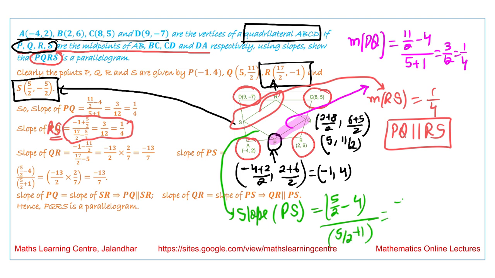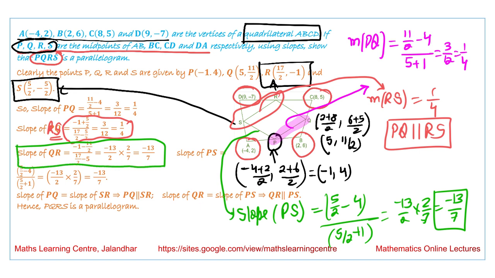The answer we obtain is minus 13 by 2 into 2 by 7, that is equal to minus 13 by 7. And this is equal to the slope of the line QR. So what we obtain from all these results is that the slope of PQ is equal to the slope of SR. So PQ is parallel to SR.